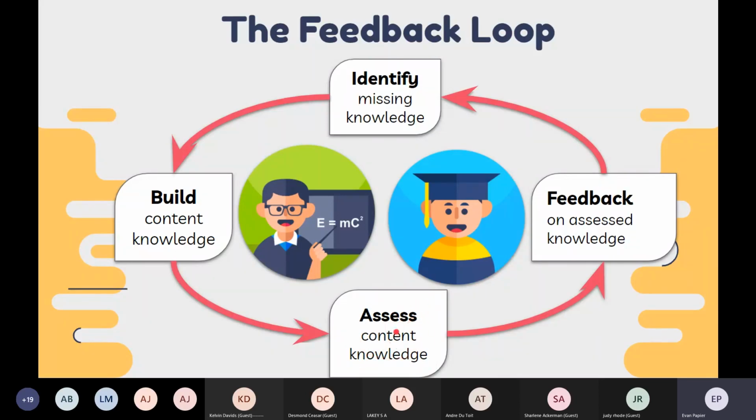Once we've assessed, then we should pick up on things. Okay. This is what happened. This is where my learners are lacking, and identify that. And once we have identified those things, we go back and we build again on what we've seen, and then the assessment starts again.